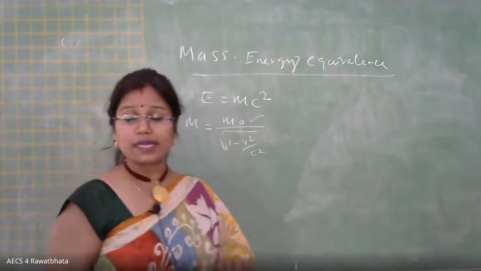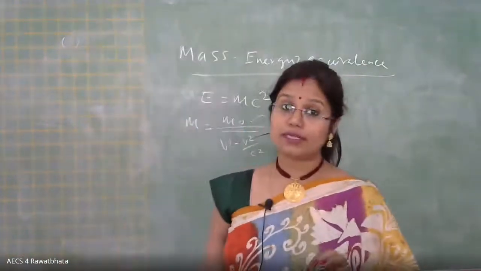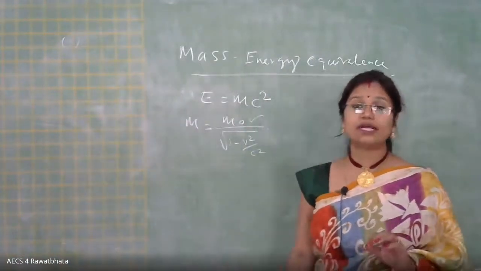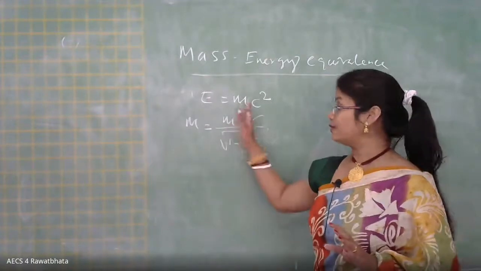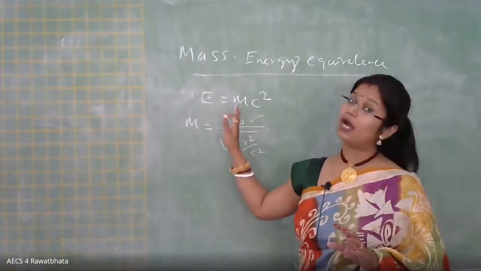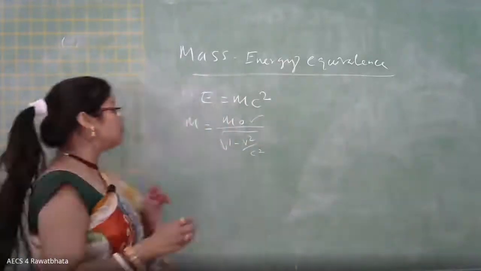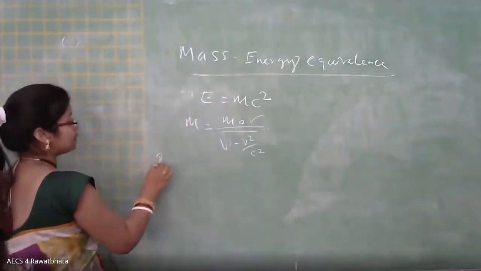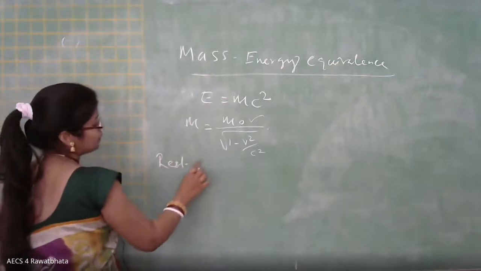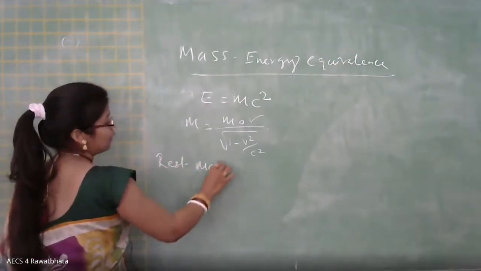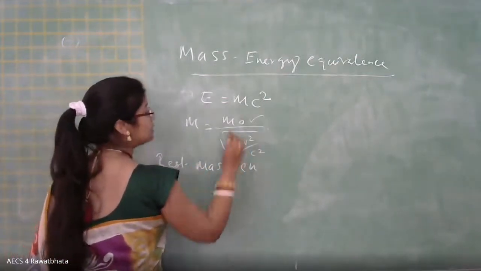So if you are taking a frame of reference in which the object is at rest, dear, that will be the rest mass of the particular object. Now, if we are talking about the rest mass energy, the rest mass is m naught, dear.